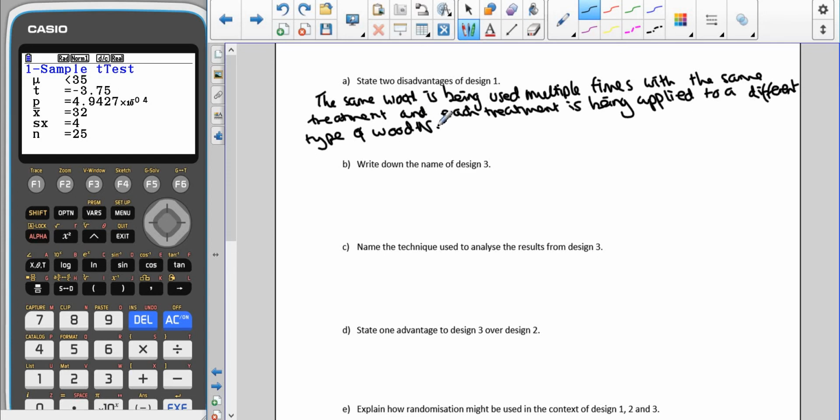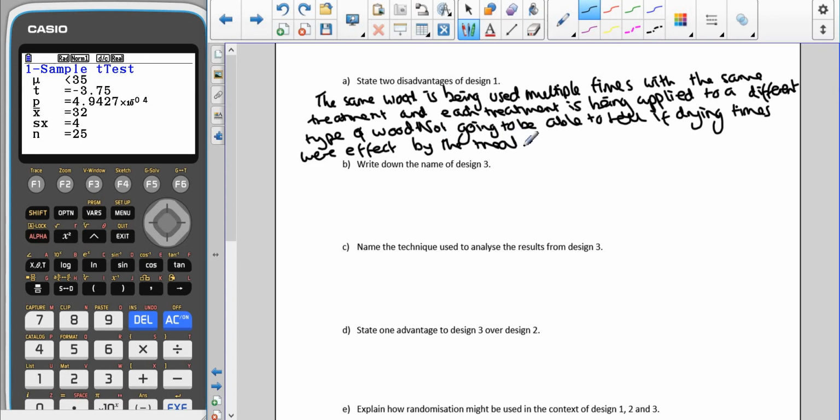So we're not going to be able to tell if drying times were affected by the treatment used or type of wood.